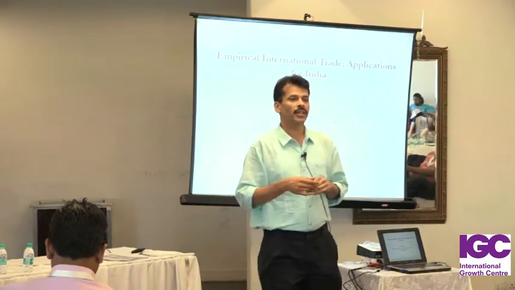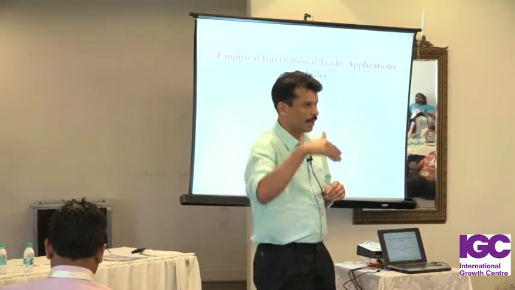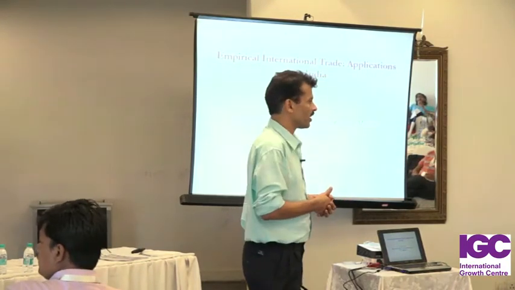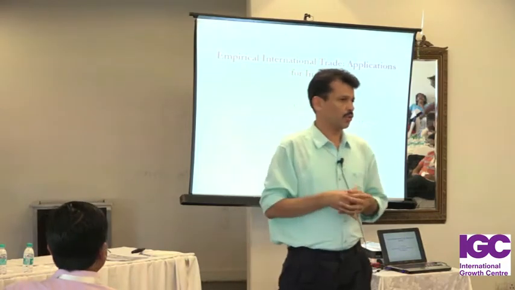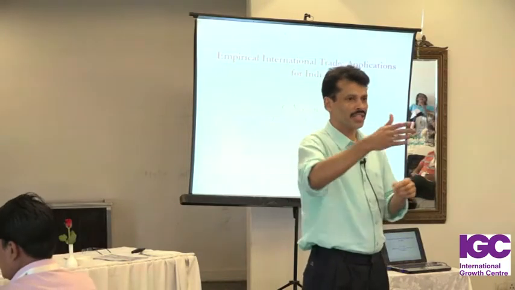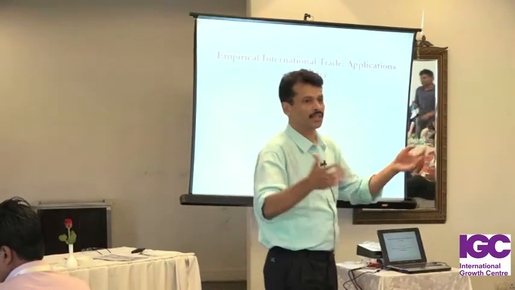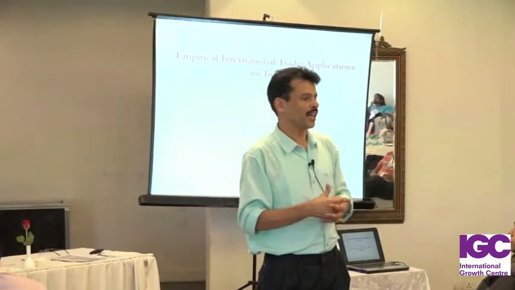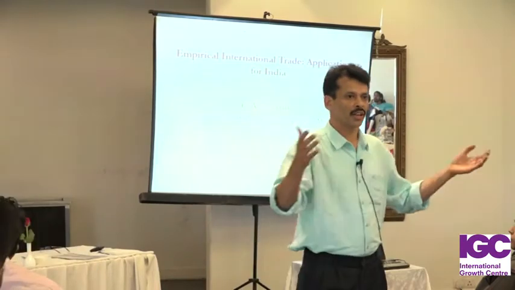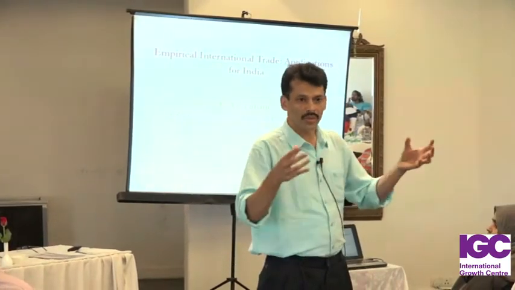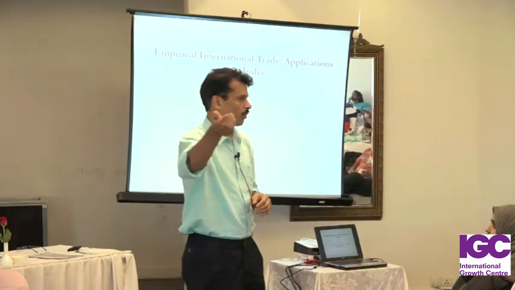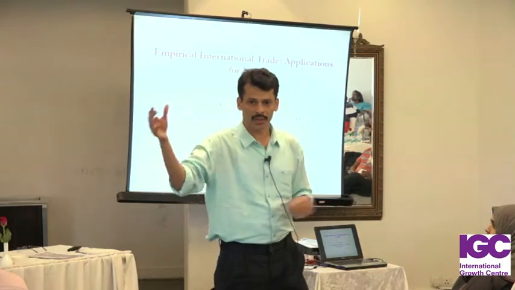In the second part, we look at one particular empirical method that generally people use, those who are working in international trade or related issues like FDI or migration, not necessarily international, even domestic, like what is the migration that happens between two districts in a state, or two districts across the country, or the relationship between two states in the country, trade relationship, foreign direct investment relationship, migration, and all these kind of relationship.